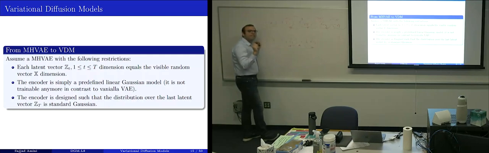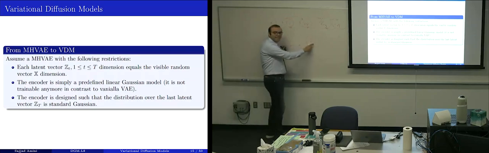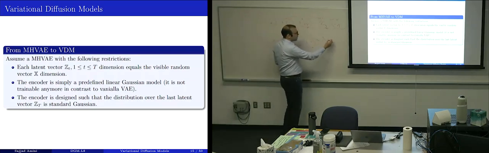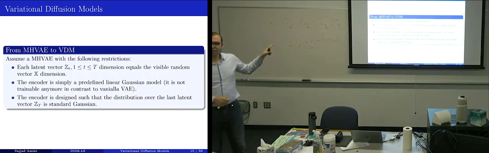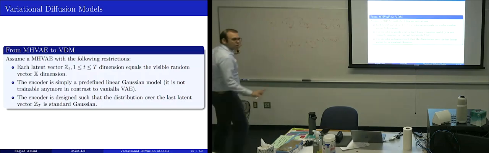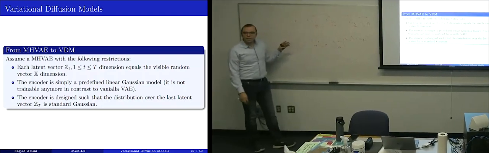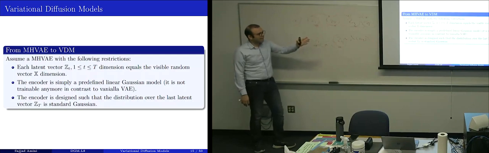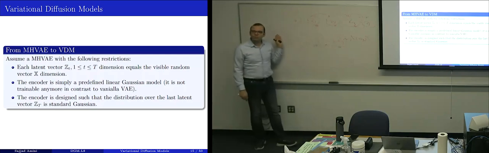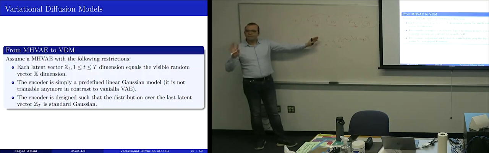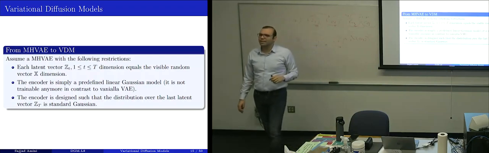Because they are fixed, you can design them so that the last latent is a standard Gaussian. Very important. We will see why this property is important. If it was learnable, you would not have any guarantee. At the end of the day, you would have no standard Gaussian here. Or maybe you should impose a very complex property on your model to guarantee that the last one is Gaussian. But here, you use one fixed transformation, and that transformation guarantees that the last one is a standard Gaussian.